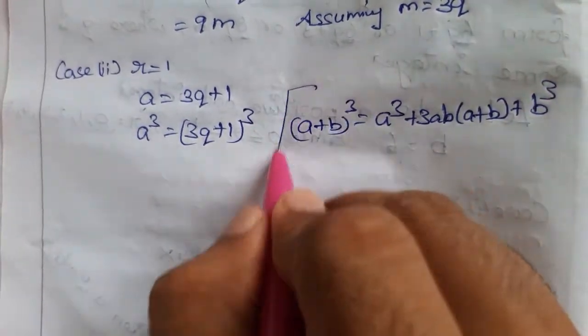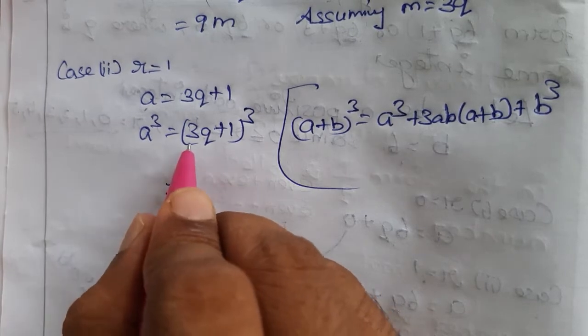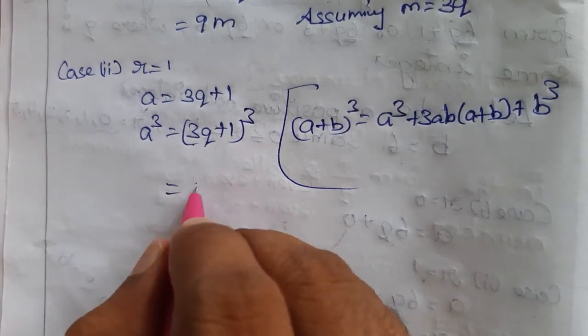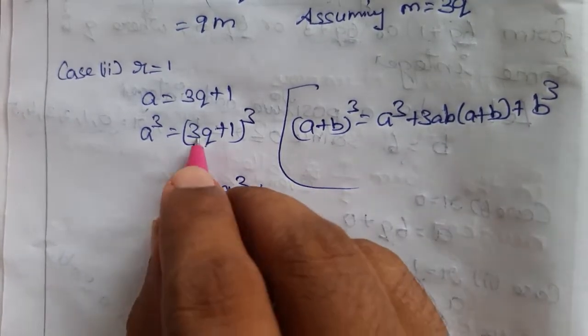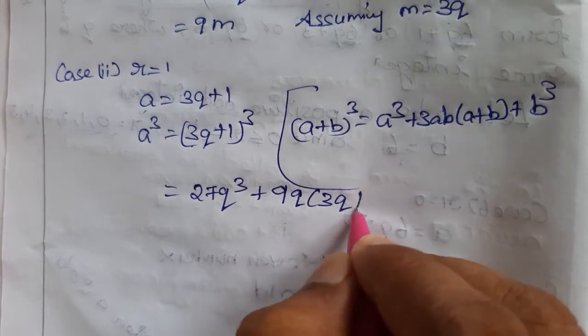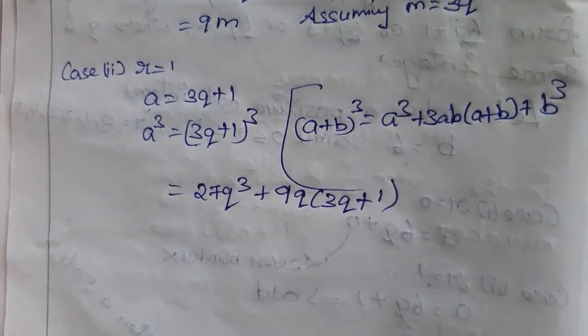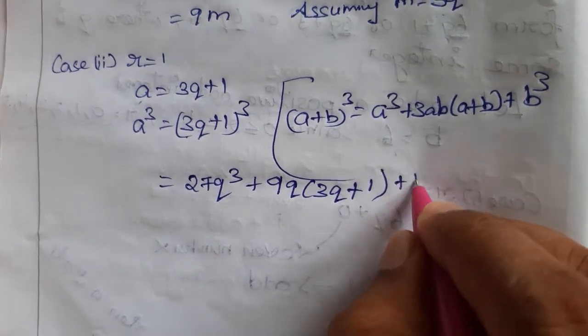So here a is 3q. So 3q cubed becomes 27q cube plus 3ab. Here 3 is already there, 3 threes are 9, so 9q into 3q plus 1. Then b cube. What is b cube? 1 cube is 1.